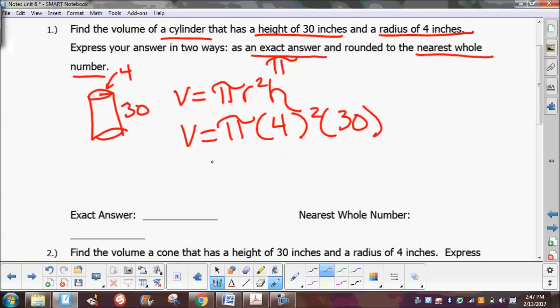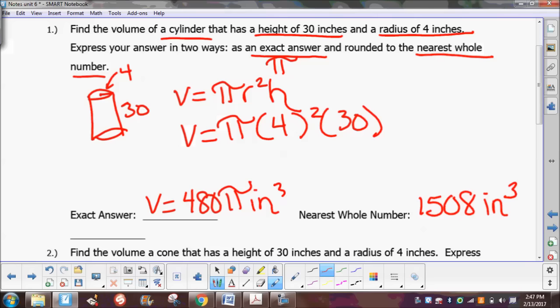I should come out with the volume equals 480 pi. Now to the nearest whole number, I'm going to take 480 and use the pi key on the calculator, and it's going to be 1508. And this is inches cubed. So volume is in cubic inches.